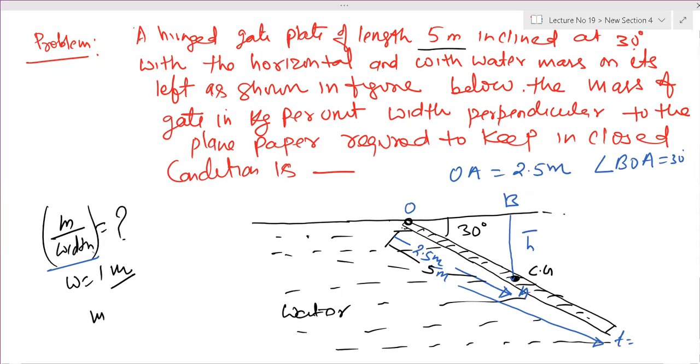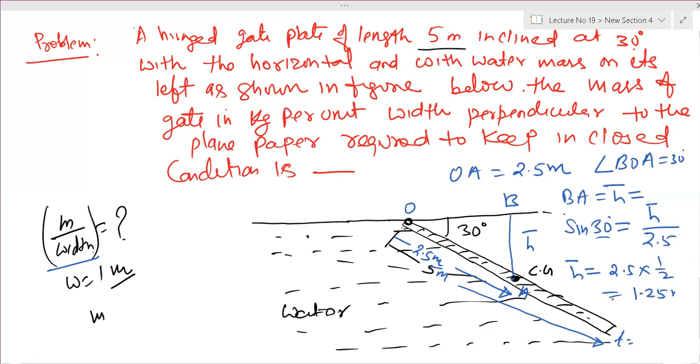You can calculate BA, that is H bar. Sine 30 degree is equal to H bar divided by 2.5. So H bar is 2.5 into half, that is 1.25 meter. That is your H bar.